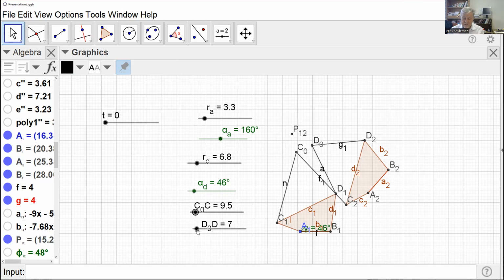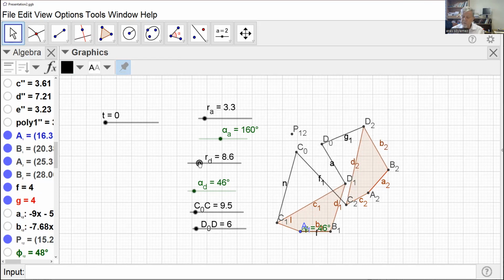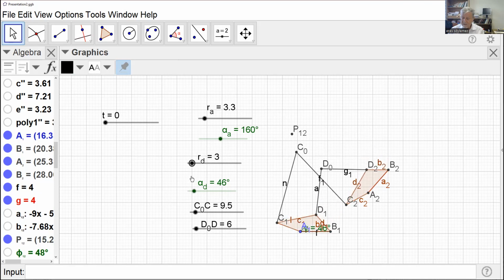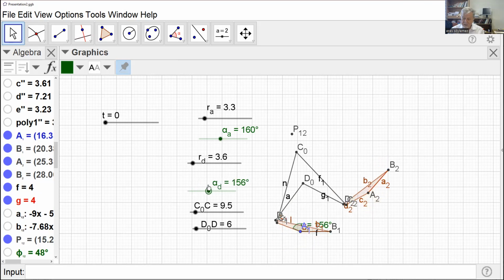I can increase D0D. I can change the location of point D. I can move it this way.